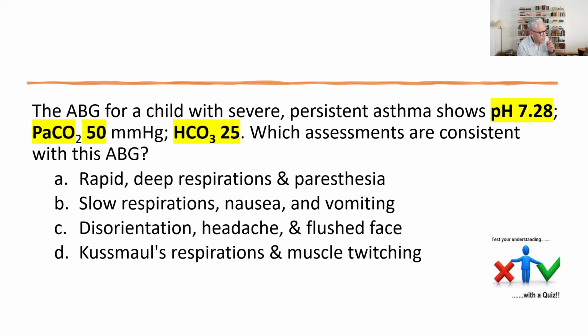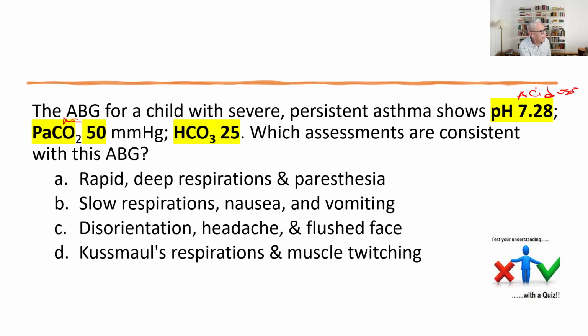Okay, let's take a look at this question. The ABG for a child with severe persistent asthma shows a pH of 7.28, PCO2 of 50, bicarb of 25. Which assessments are consistent with this ABG? Okay, so this pH of 7.28 is acidosis.